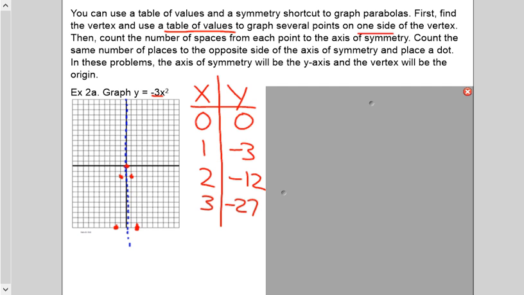So I draw my line through the right half, draw my line through the left half. There's my parabola. Graph one side of it using a table of values. Graph the other side of it because we know that the axis of symmetry always acts like a mirror. Everything that's on the right matches the stuff that's on the left.